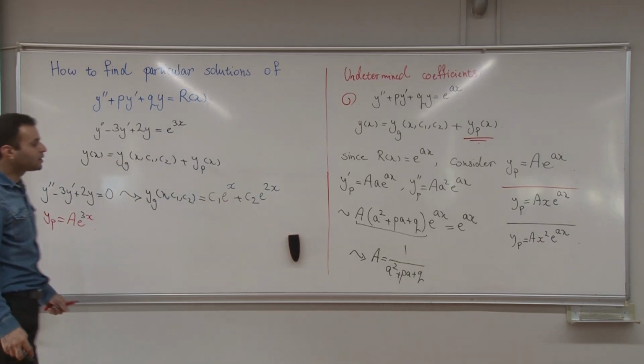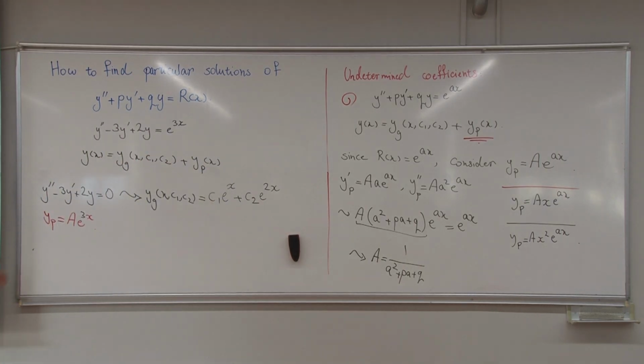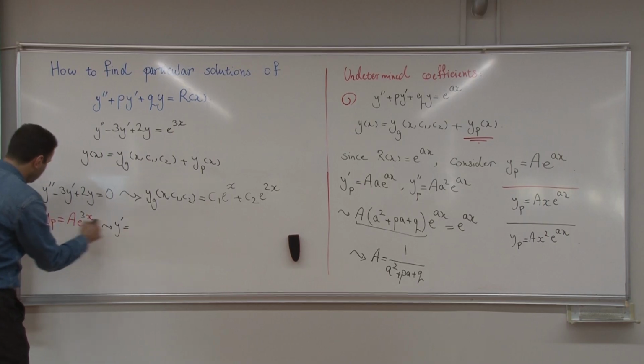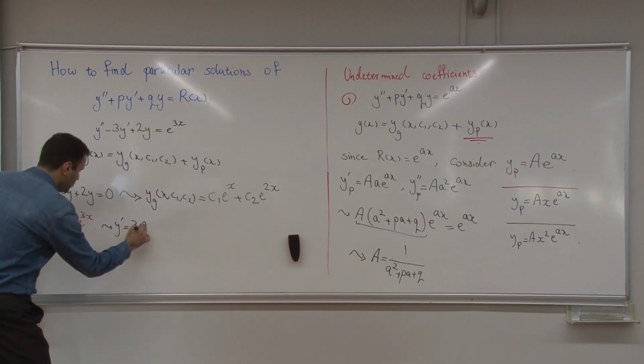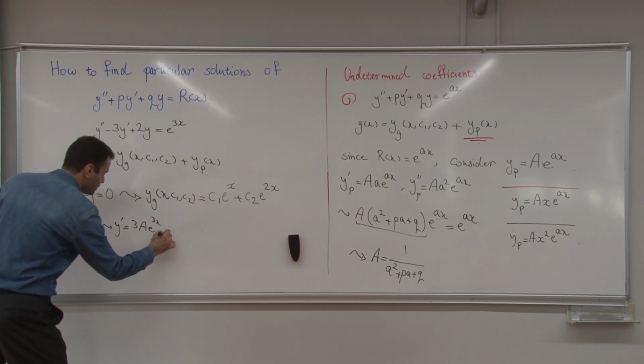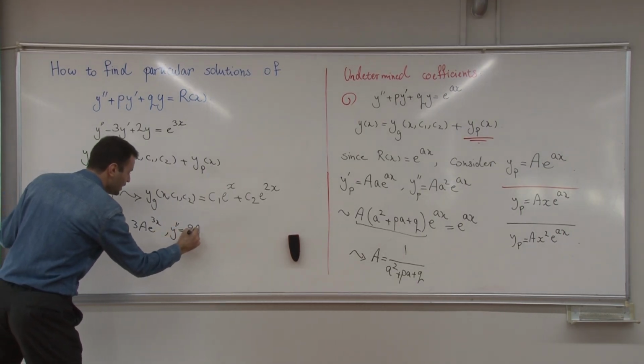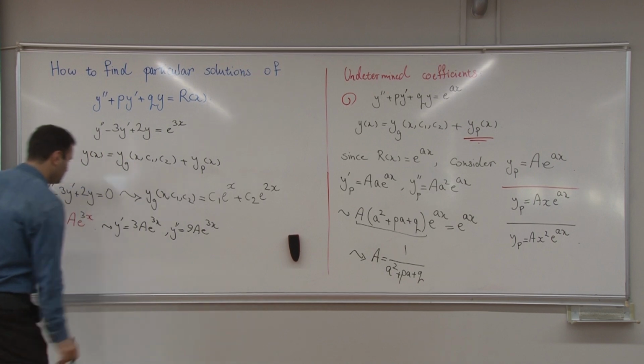What is that a actually? If we take the first derivative, y prime, this is going to be 3a e to the power of 3x. If I take the second derivative, this is going to be 9a e to the power of 3x.